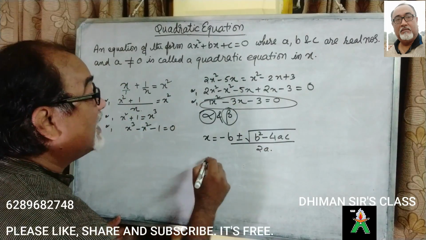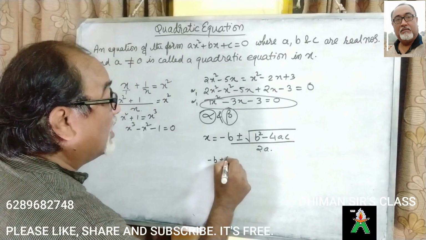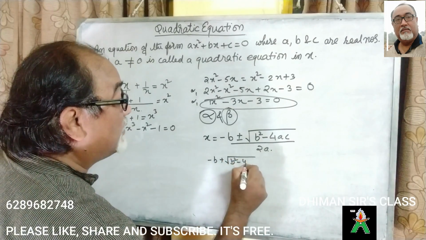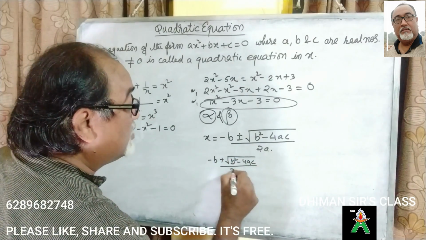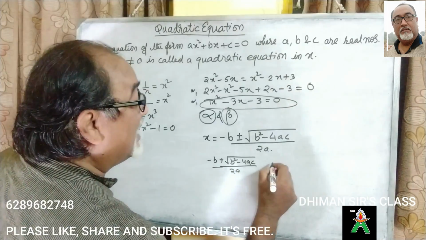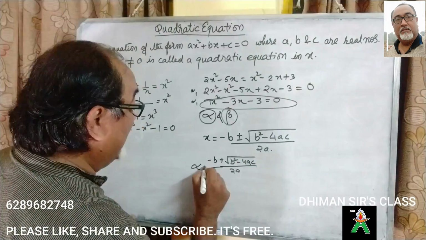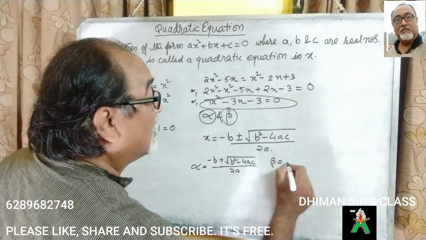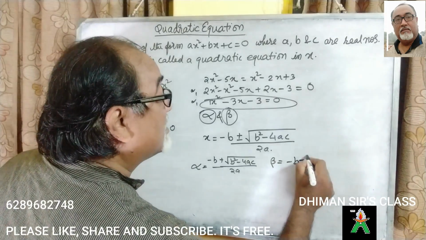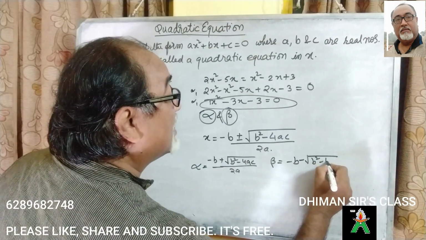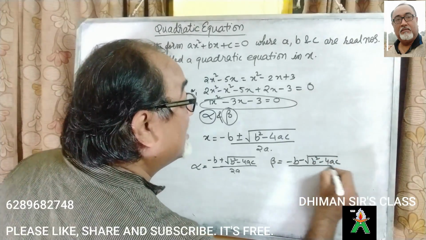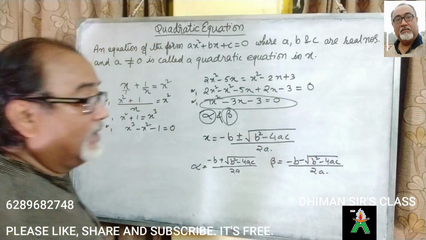You can also say alpha is equal to minus b plus root over b square minus 4ac by 2a, and beta is equal to minus b minus root over b square minus 4ac by 2a.